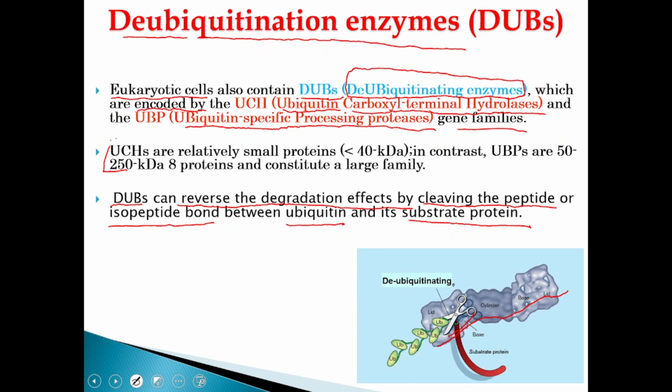Okay? So DUB, its main primary function is that it reverses the degradation effect by removing ubiquitin from a protein that is not destined for degradation. And DUBs are also responsible for removing ubiquitin from the protein that is entering the proteasome. Okay? Is it clear to everybody?